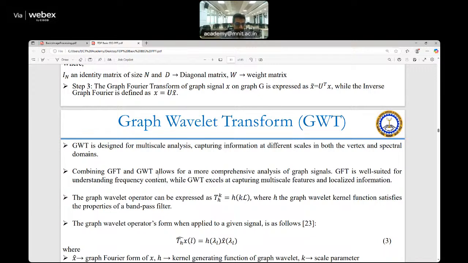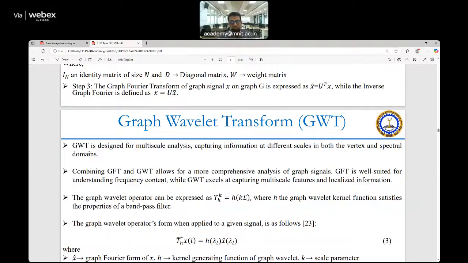Combining GFT and GWT allows for a more comprehensive analysis of graph signals. GFT is well suited for understanding frequency content, while GWT excels at capturing multi-scale features and localized information.